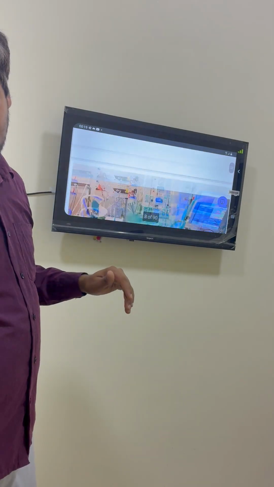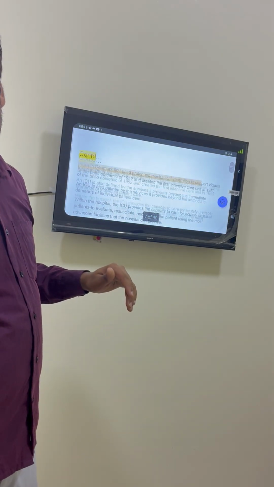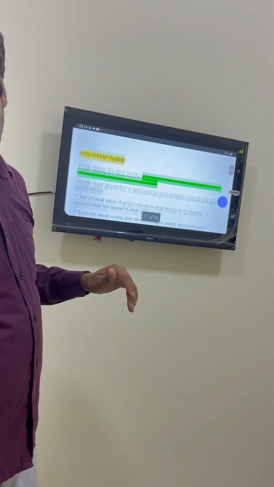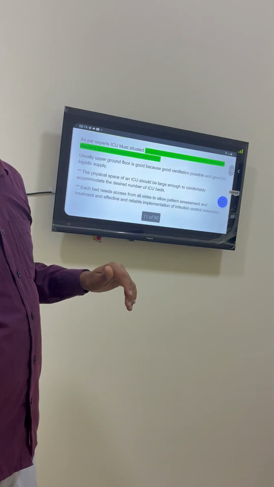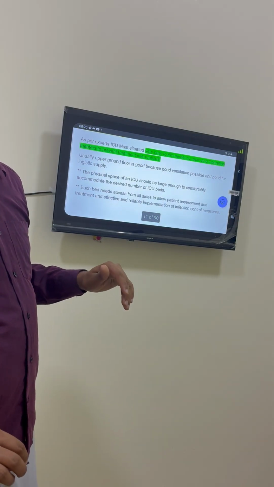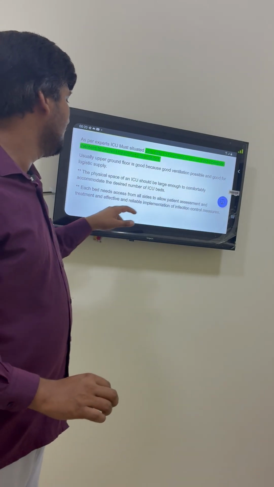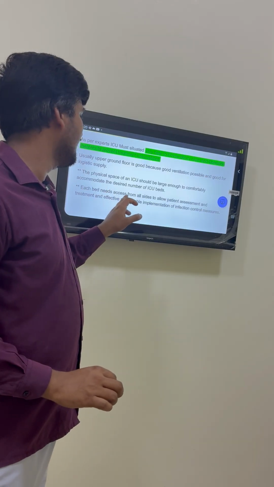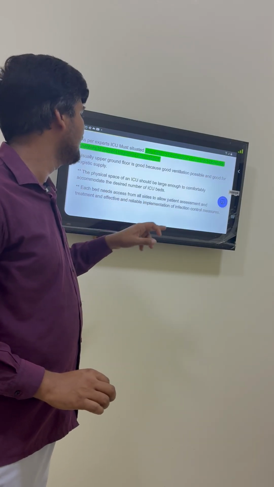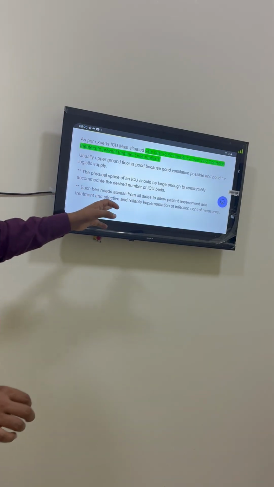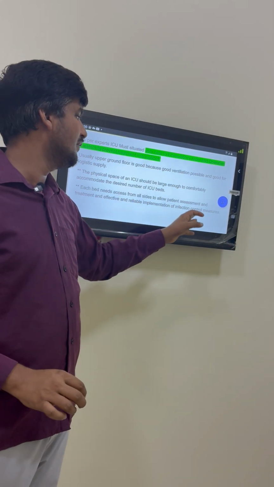Then see here, each bed needs access from all sides to allow patient assessment and treatment and effective, reliable implementation of infection control.